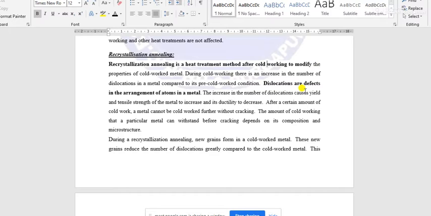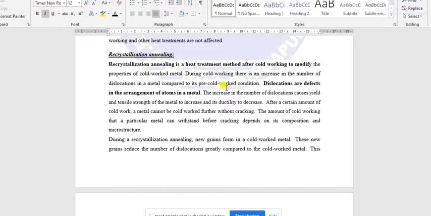And what is cold working? Due to cold working there is an increase in the number of dislocations in a metal compared to the pre-cold work condition. And cold working means obviously you have to increase the temperature by giving heat, and then you have to cool it.